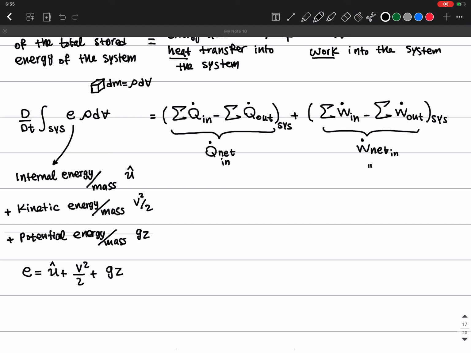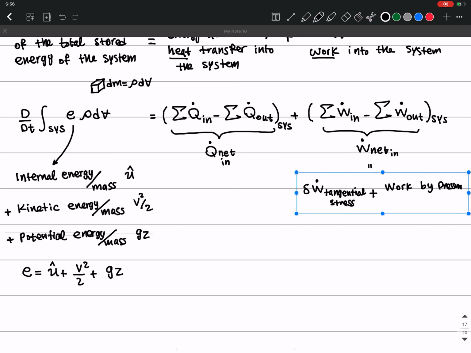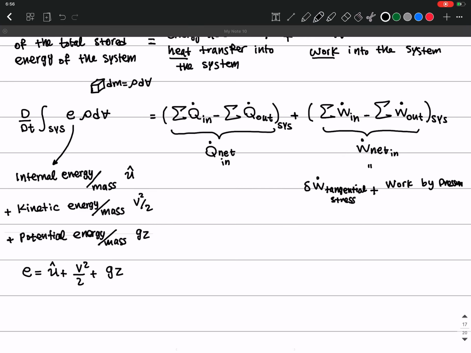So I can say this work is composed of W dot of tangential stress, like frictional forces, plus work done by pressure. For the work by pressure, I show this by minus the integral over the control surface of p V dot n dA.